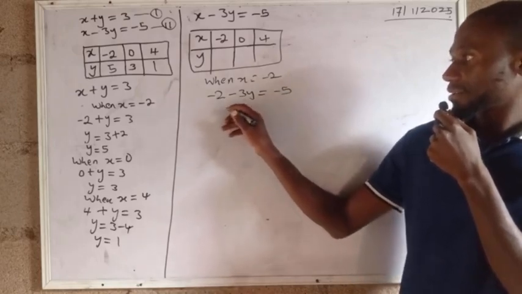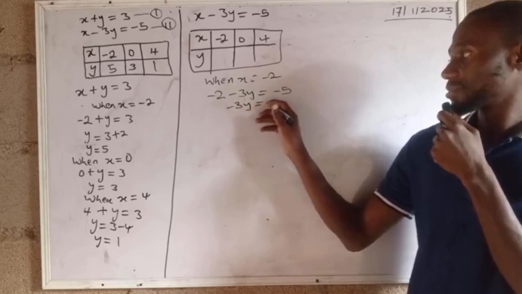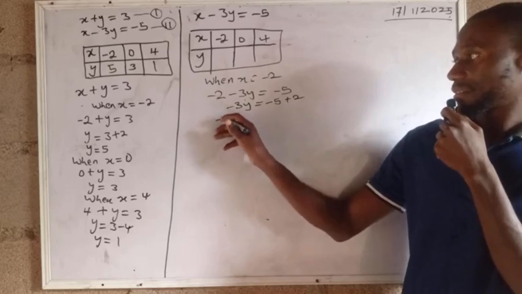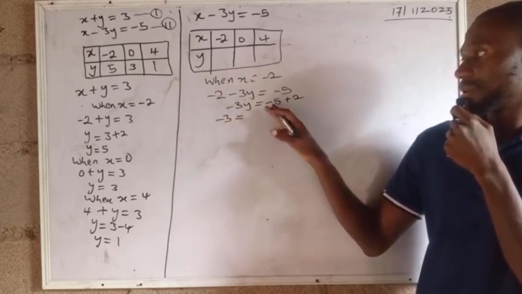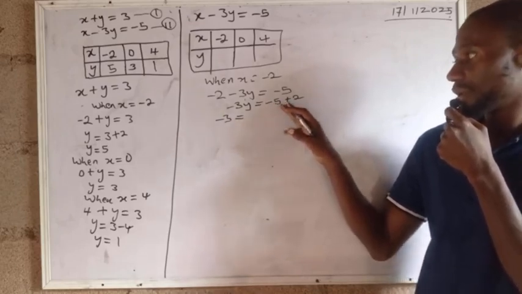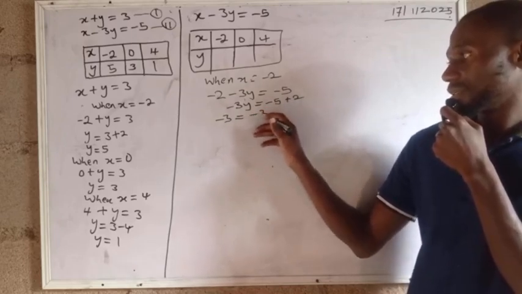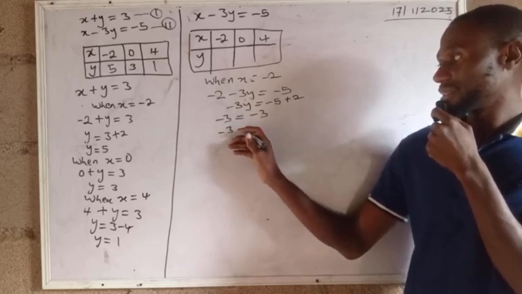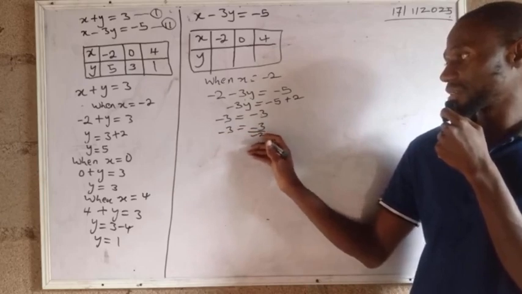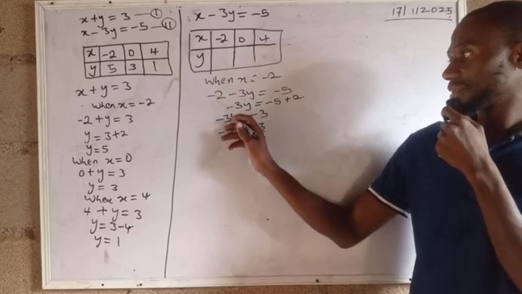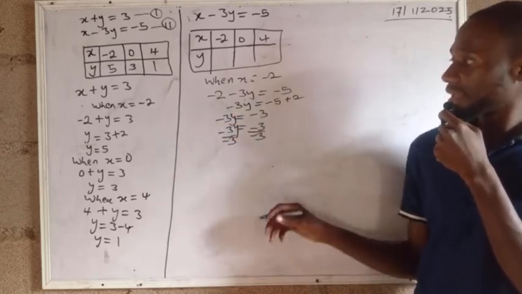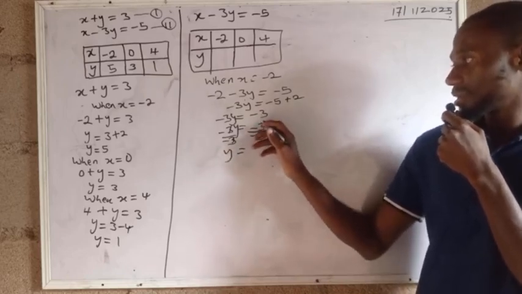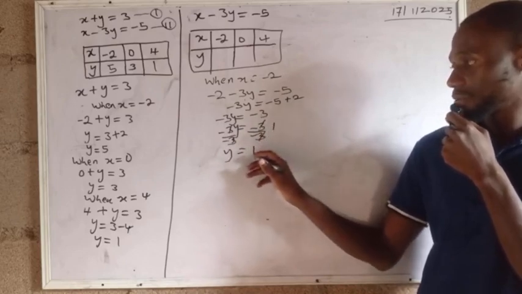Then we have -3y is equal to -5 plus 2, which is equal to -3. Here we divide both sides by -3. The -3 cancels out -3, and y is equal to 1.